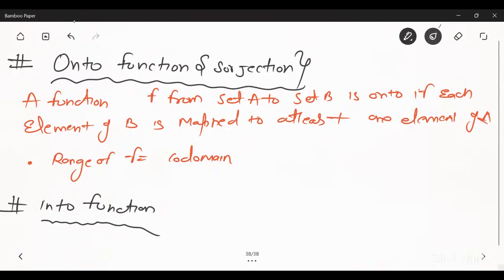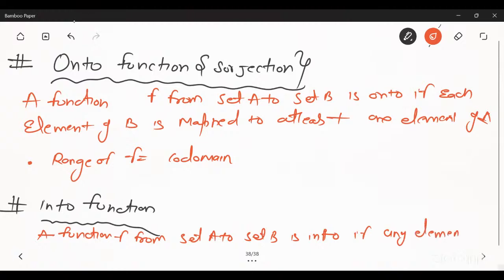Into function: if a function f from set A to set B is into, if any element in B is left to be mapped.